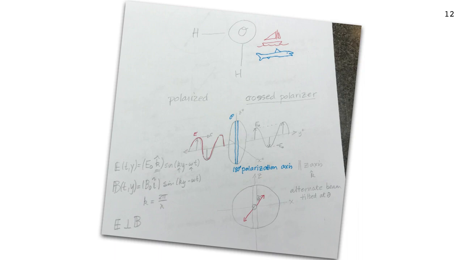So you do that with a double arrow here. Okay. Now let's put a tilt angle in here. Theta. Okay, so let's say that we tilt it theta degrees away from the polarization axis.